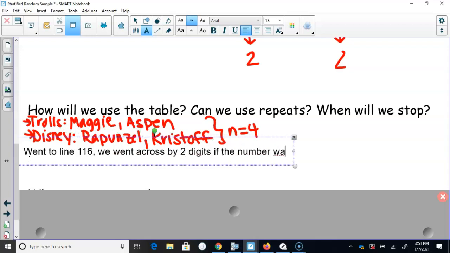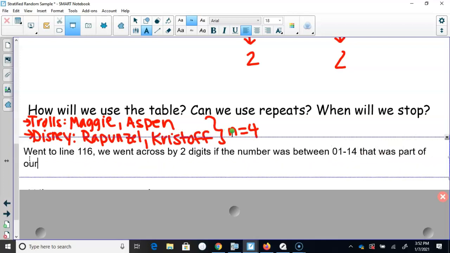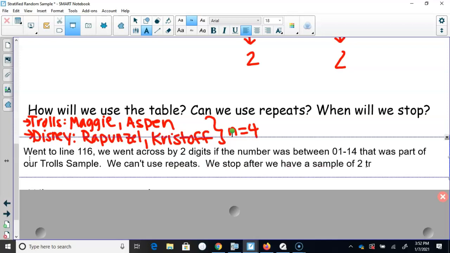If the number was between 01 to 14, that was part of our sample, our troll sample. Okay? Can we use repeats? We can't use repeats. We stop after we have a sample of 2 trolls.